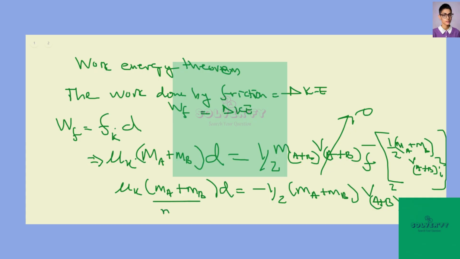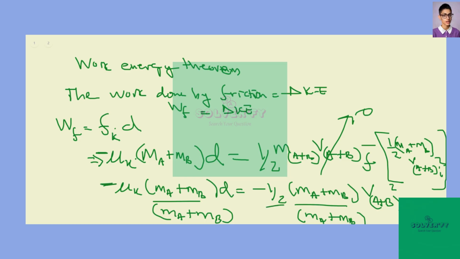We can divide both sides by ma plus mb because it's common, and then we could also multiply both sides by 1 half, just to make sure our numbers are right.